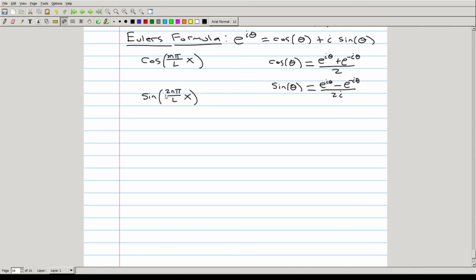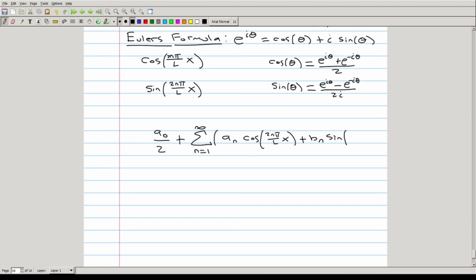So these cosine and sine terms in the Fourier series expansion can be very nicely rewritten. Our Fourier series expansion is a naught over 2 plus the summation from n equals 1 to infinity of an cosine of 2n pi over L x plus bn sine of 2n pi over L x.